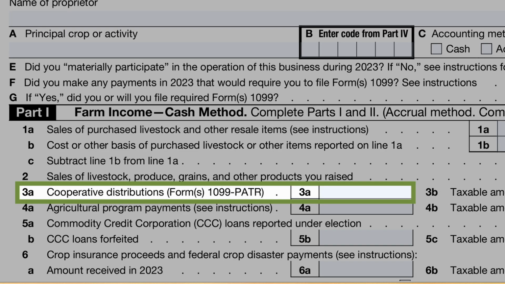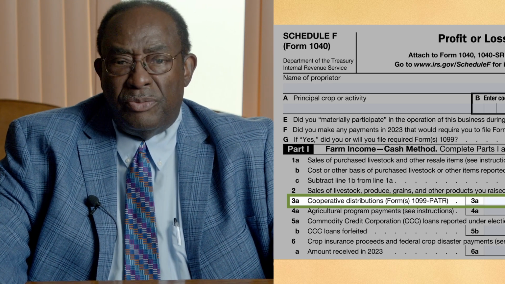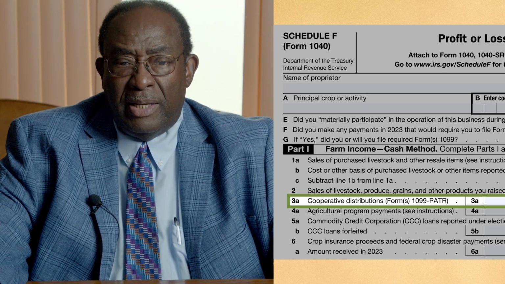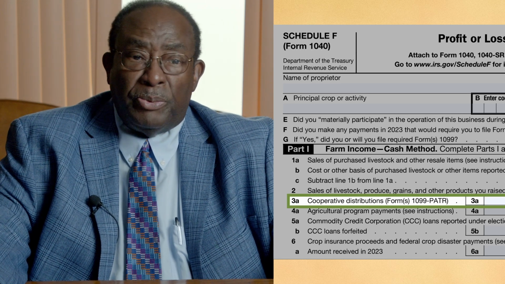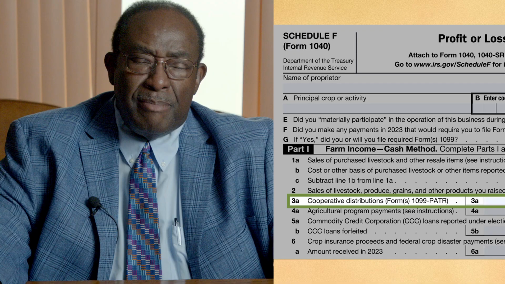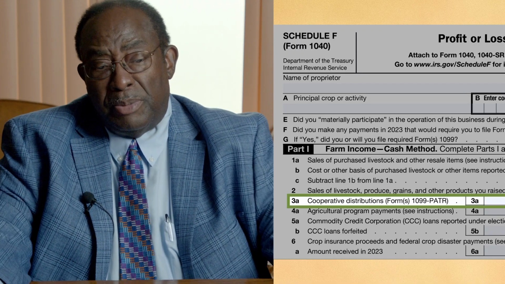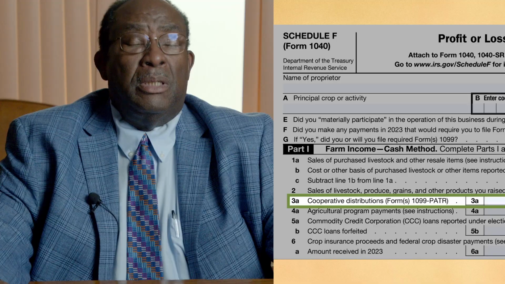Line 3 is where we are. Cooperative distribution. Sometimes if you're farming and operating, your gin gives you a patronage dividend, and you report that right there. In vegetable farming and growing like that, you don't have much of that. You don't have much of that in smaller farms that don't do cotton.